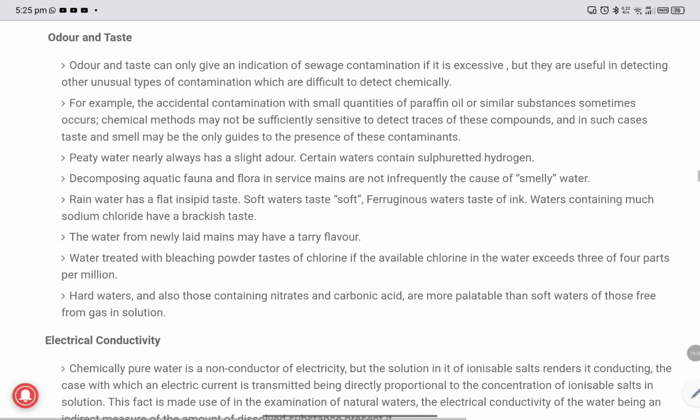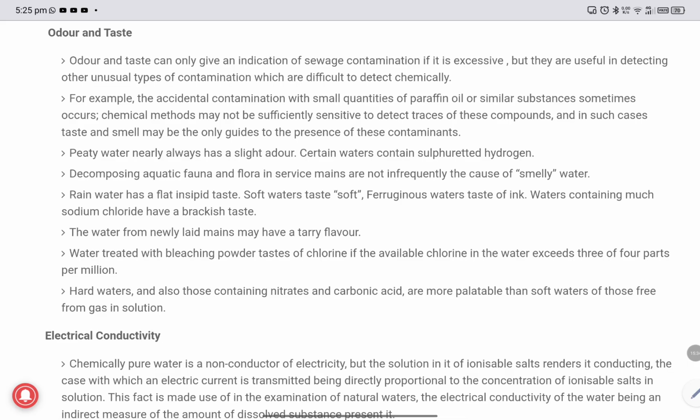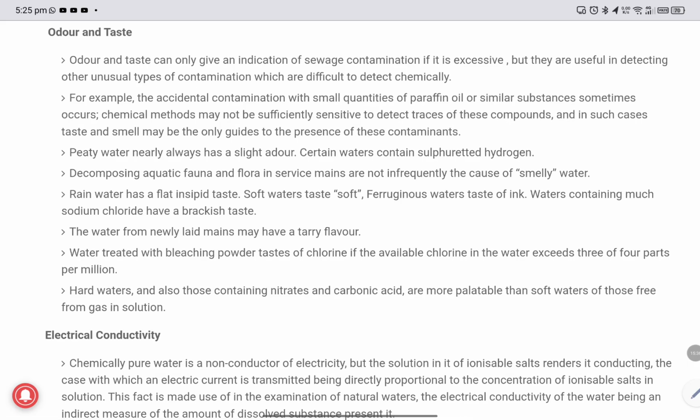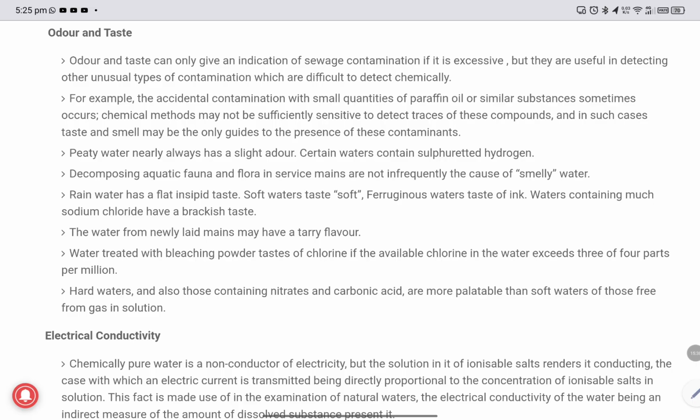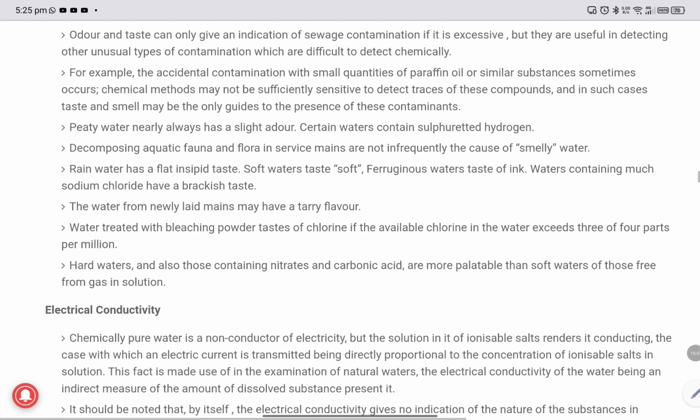Chemical methods may not be sufficiently sensitive to detect traces of these compounds, and in such cases taste and smell may be the only guide to the presence of these contaminants.